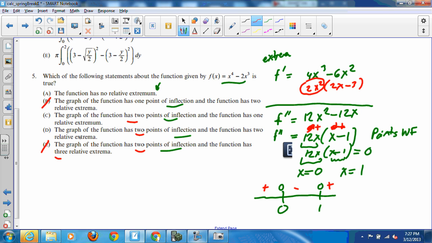So I guess we could get rid of this one. 2 possible points of relative minimums or maximums. When x equals 0 and when x equals 1.5 or 3/2, right? Set that equal to 0 and solve, you get 3/2.